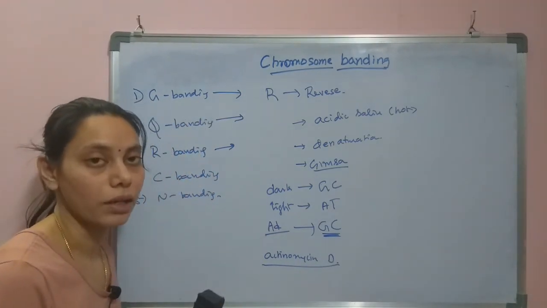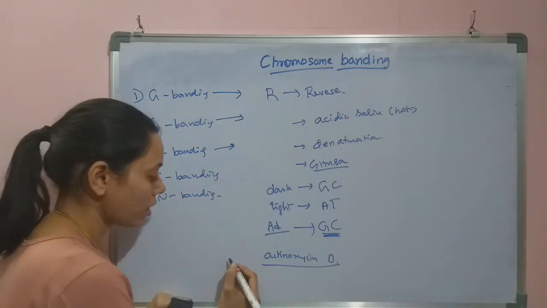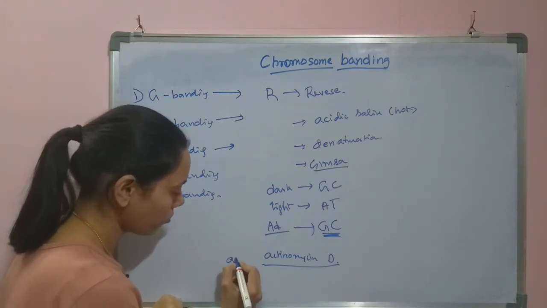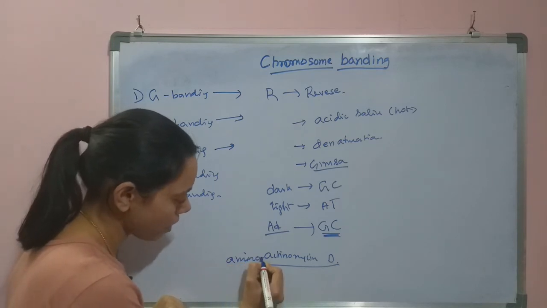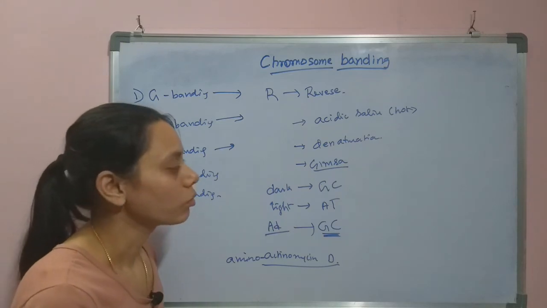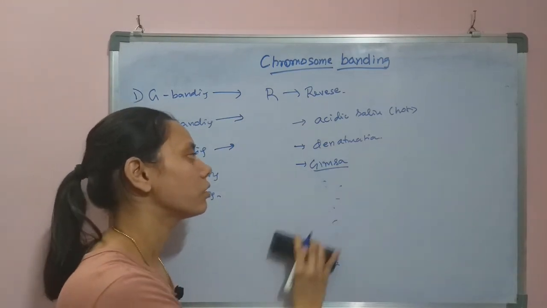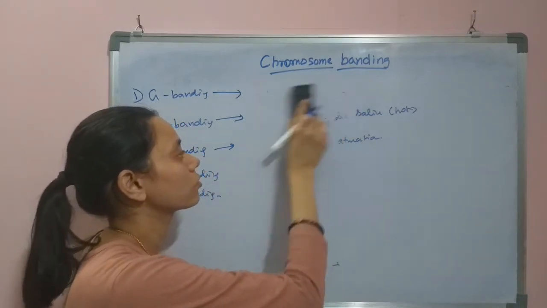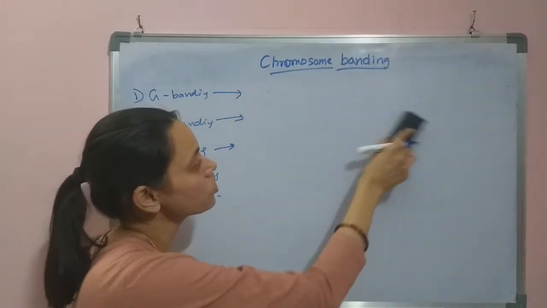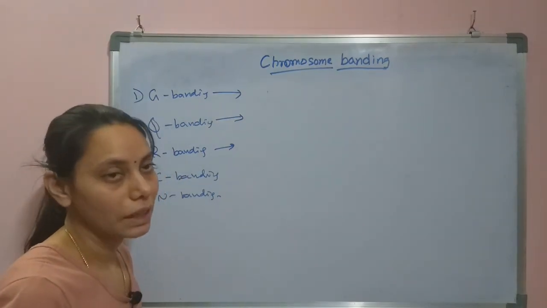It produces the same bands as R banding, and the full name is actually amino actinomycin D. So it acts similarly to the R banding. That is all about the R banding, in which GC bands are dark and AT bands are light.